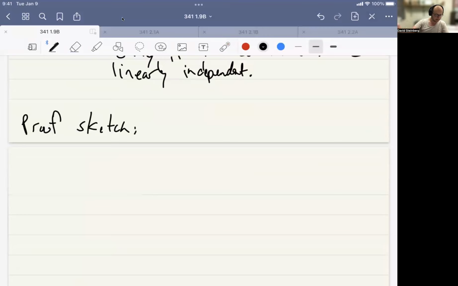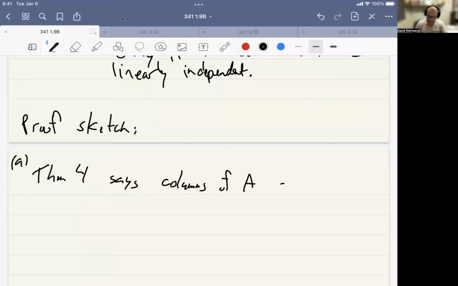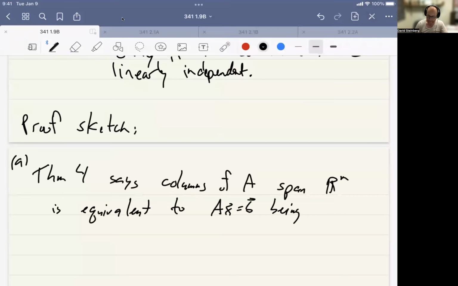Okay, so for part A, it's theorem 4 that says the columns of A spanning Rm is equivalent to AX equals B being always consistent.